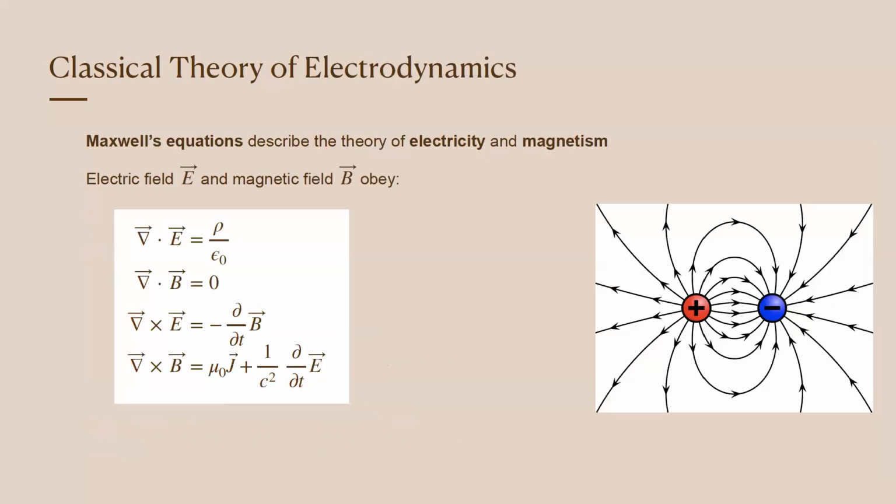Okay, now coming to the classical theory of electrodynamics. So we have Maxwell's equations. They describe the theory of electricity, in other words, the theory of light and matter. We have Maxwell's equations given by this, homogeneous and inhomogeneous, all of them.